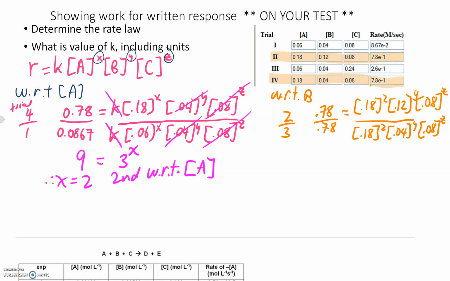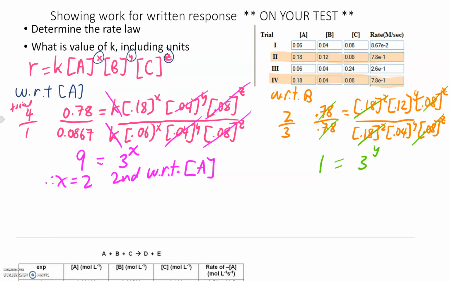So I've plugged in all my values. I have 0.08 to the z on top and bottom. I have 0.18, and I put in the 2 since I know that it's squared based on my work from the first step, but it doesn't really matter because it cancels anyway. And 0.78 over 0.78 gives 1, equals 0.12 divided by 0.04, which is 3, so 1 equals 3 to the y.